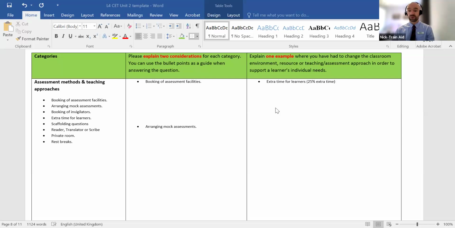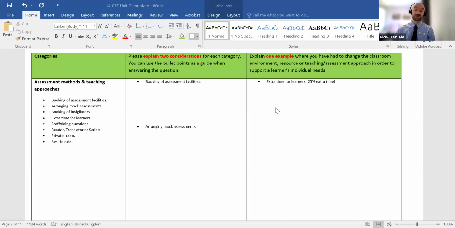The awarding body was very accommodating and allowed for 25% extra time to give them time to read the questions and not be worried about time. I'd also arrange for a private room if learners once again worried with exam stress as well, so they could have obviously time in their own environment to work on the exam with an invigilator present.